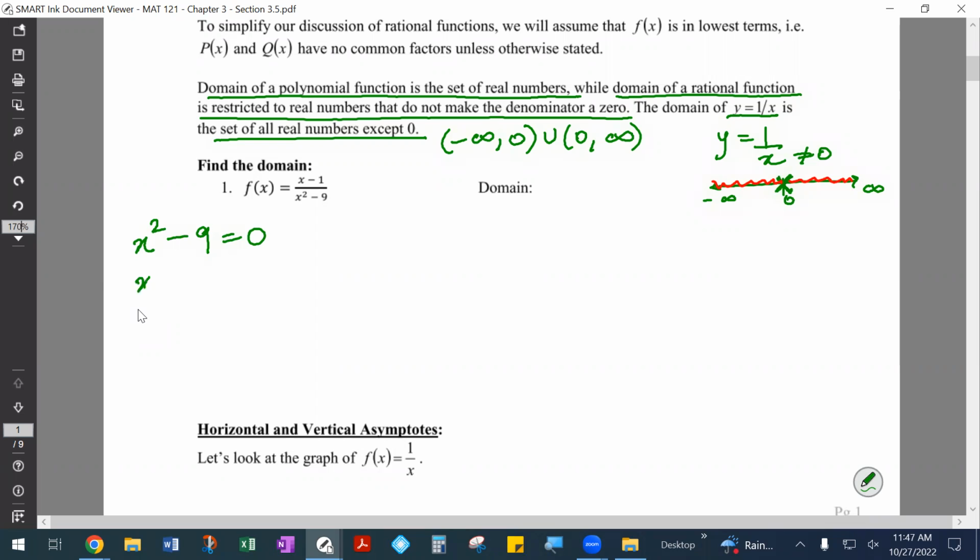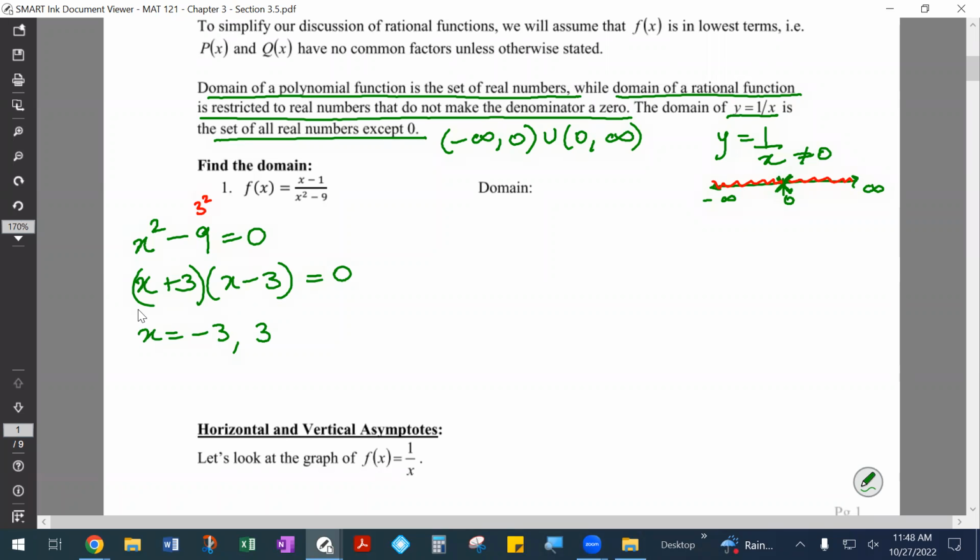If you want to factor this, it will factor into x plus 3, x minus 3, because remember, you can write that 9 as 3 squared. So then these give you x equals -3 and +3. Now remember, that means both of these numbers make our denominator 0, because if I take -3 and plug it in for my x squared, -3 times -3 becomes +9.